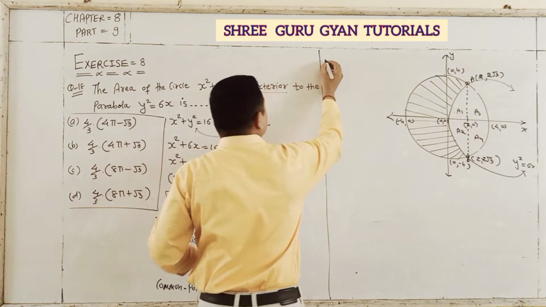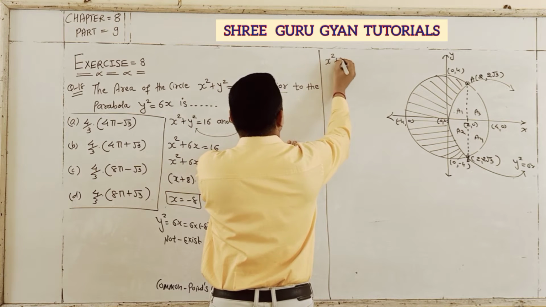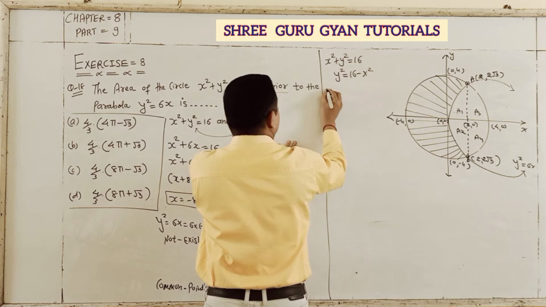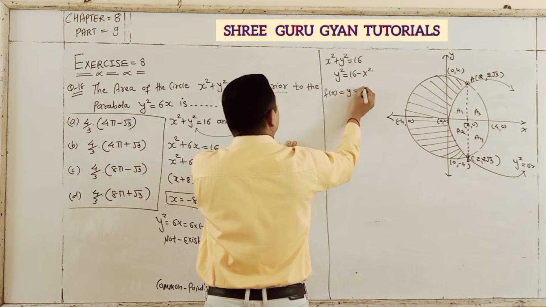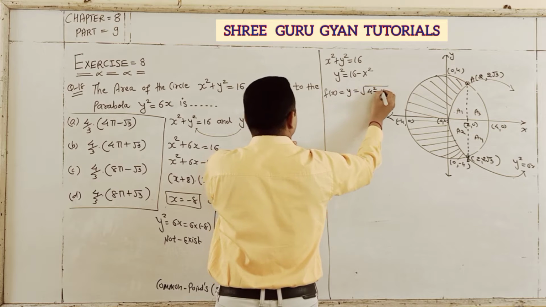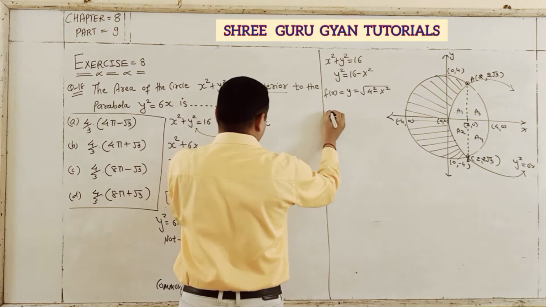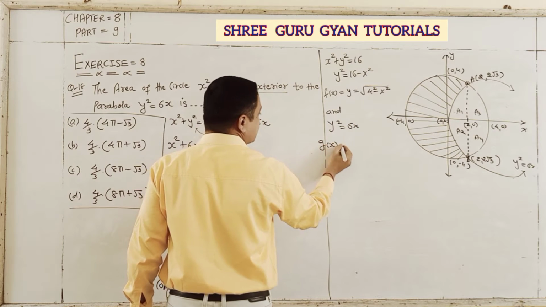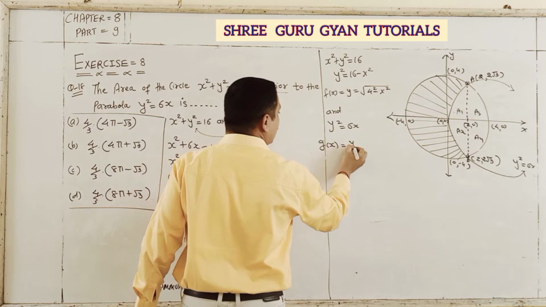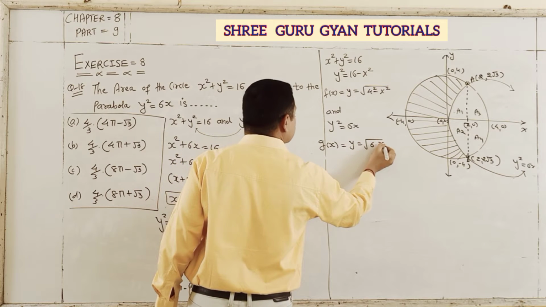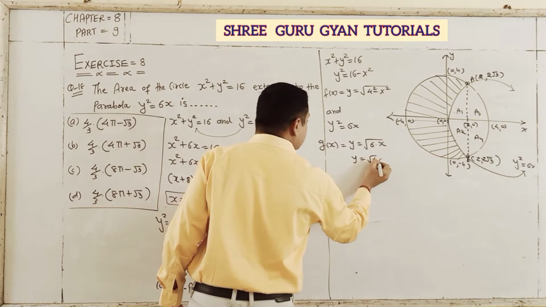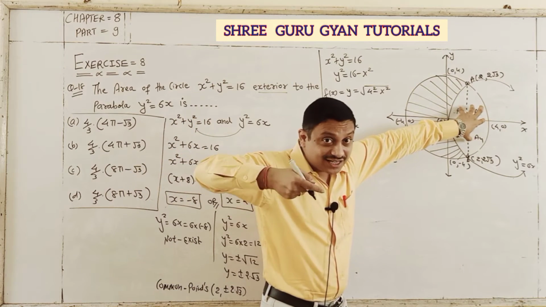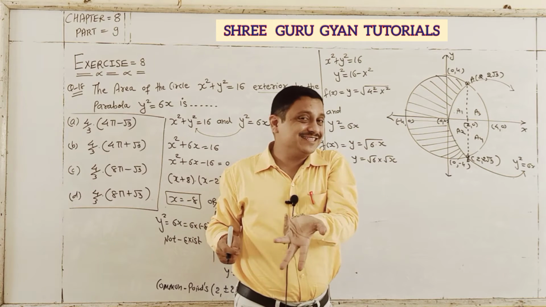So for our circle, y square becomes 16 minus x square, so f of x becomes y equal to root of 4 square minus x square, and for the parabolic part, y square is equal to 6x, I will take g of x as y equal to root 6 with root x. So I only explain this internal region, then afterwards subtract from the circle.